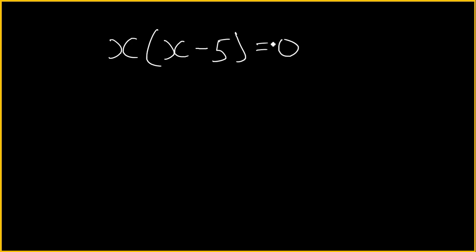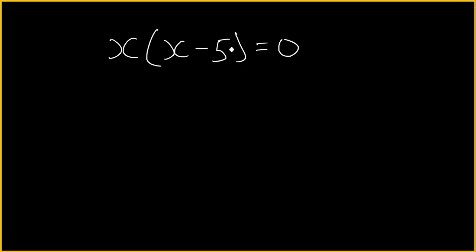x multiplying the bracket x minus 5 equals 0. Now looking at the equation given, we have x multiplying the bracket, so we have two factors, which is x equals 0 and x minus 5 equals 0.